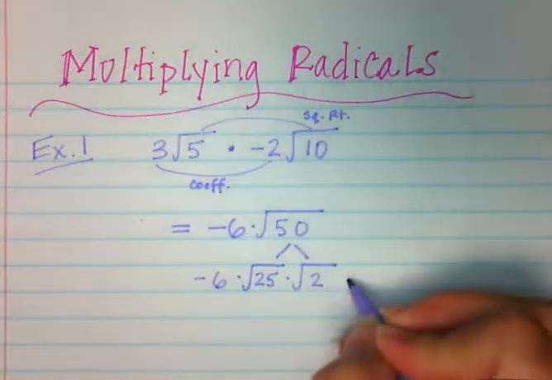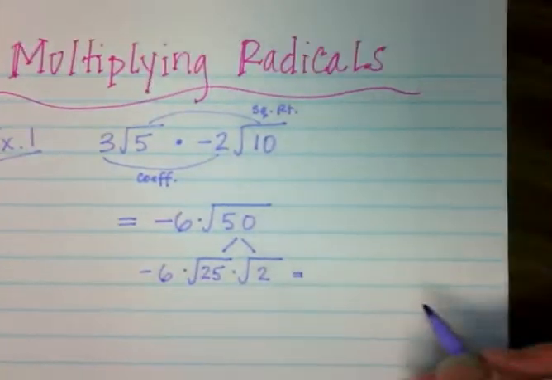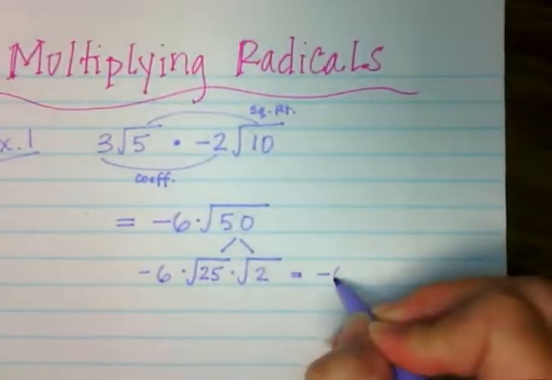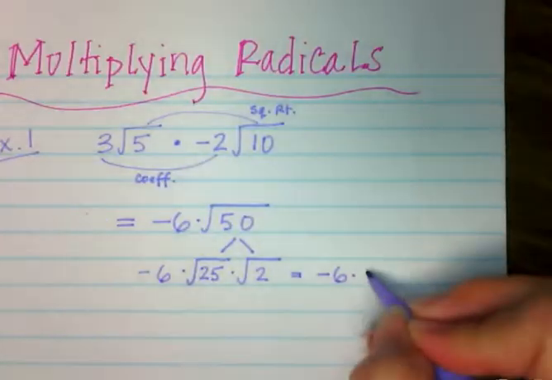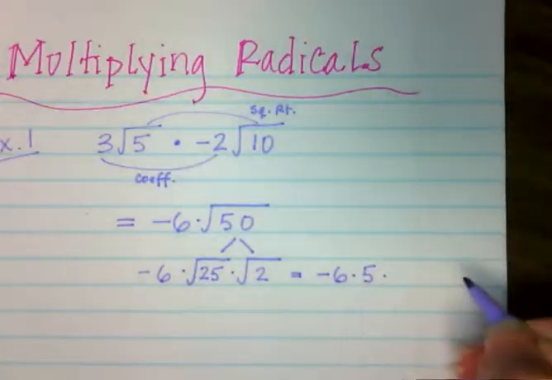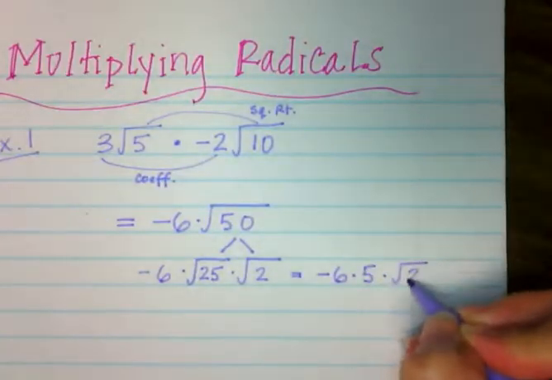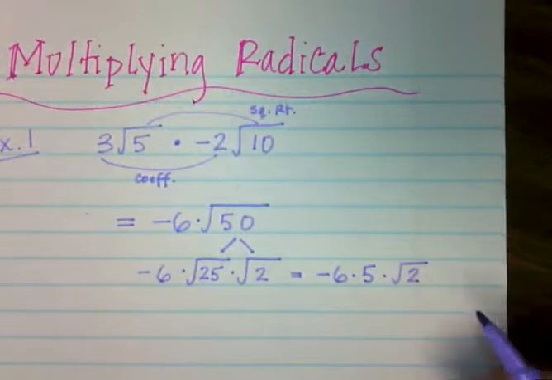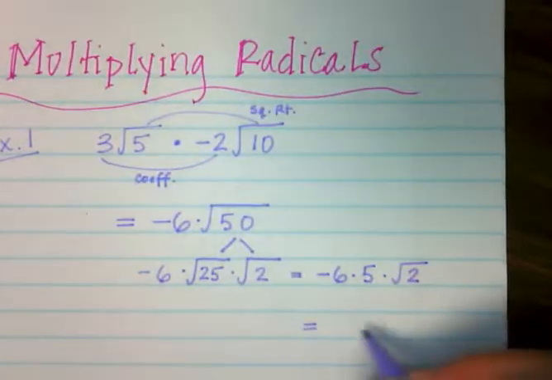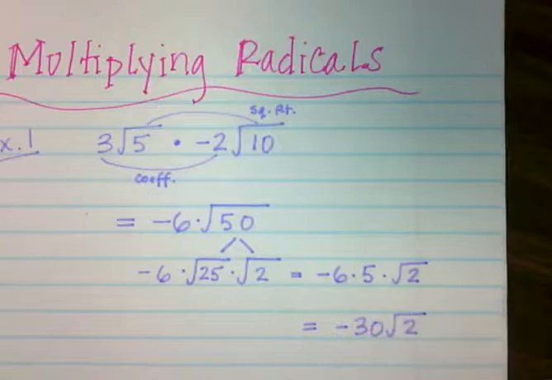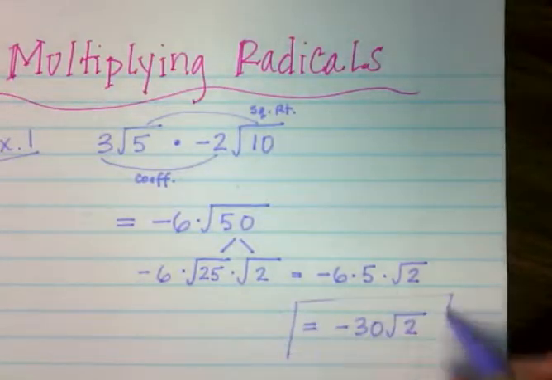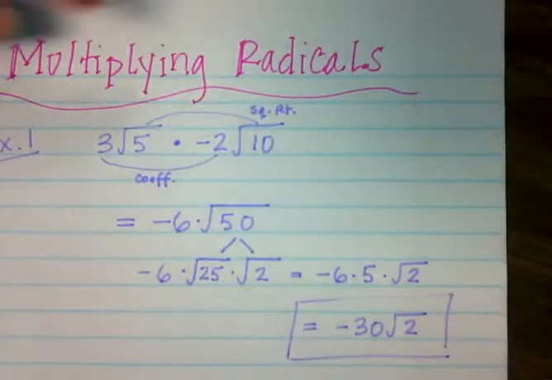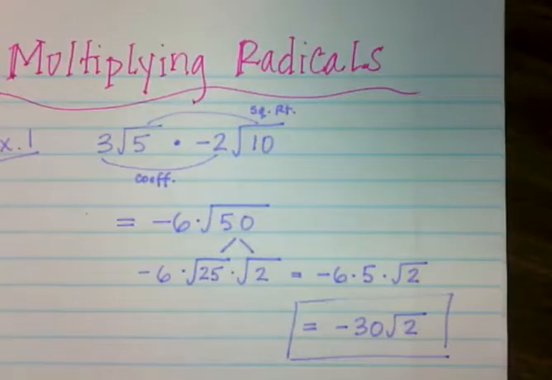All right, then we can go ahead and simplify this to be negative 6. The square root of 25 is 5, and the square root of 2 stays as the square root of 2. So the answer to this problem is negative 30 times the square root of 2. And that is the simplified answer when we multiply those 2 square roots together.